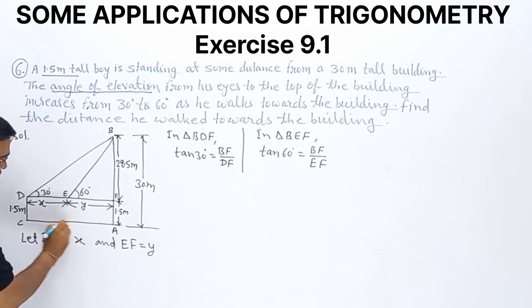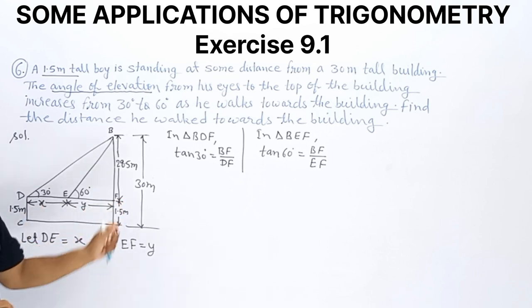This is the base, this is the surface. What is this boy doing? Walking towards the building. First the boy is there at some distance, but now after 30 degree, its angle of elevation changes.